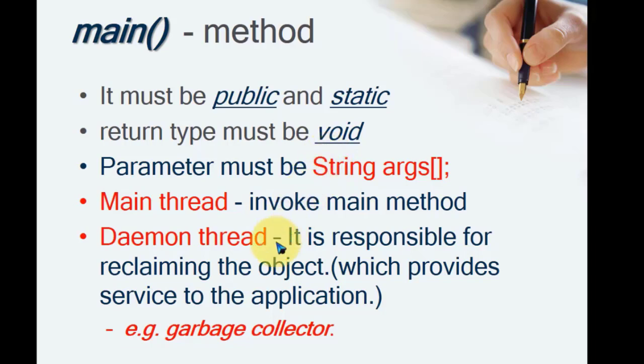Daemon thread is available. Daemon thread means the supporting services available to your application at the time of execution. These services are running with the help of daemon threads. So basically every program in Java has the main thread and daemon threads provided by your Java virtual machine runtime system. For example, one is the garbage collector.